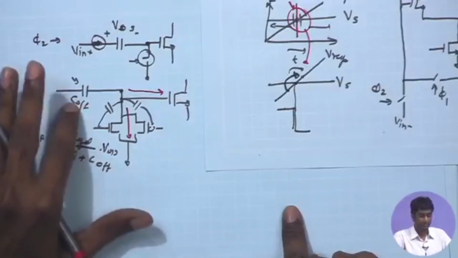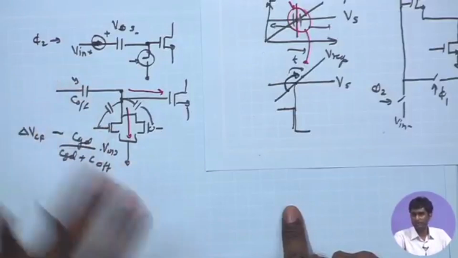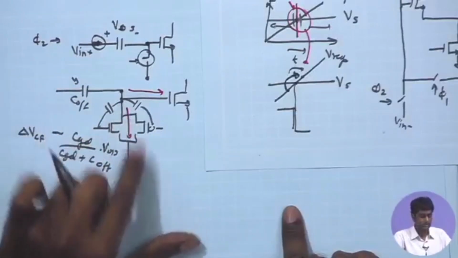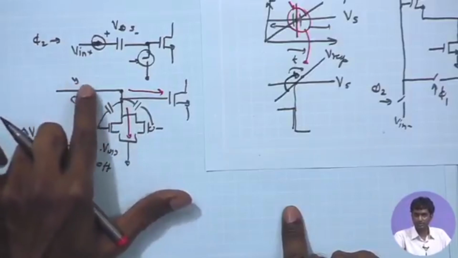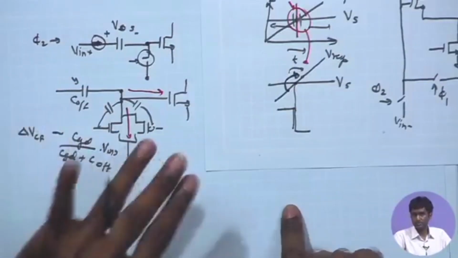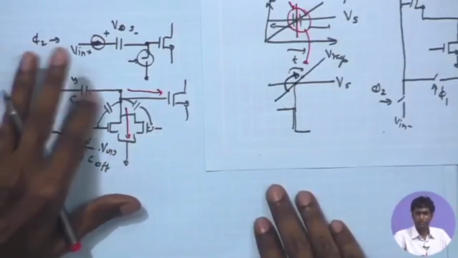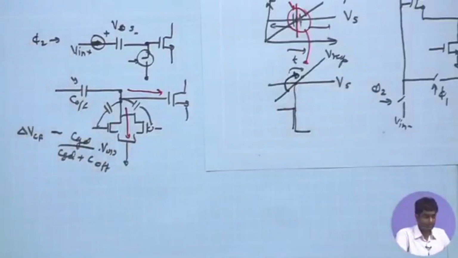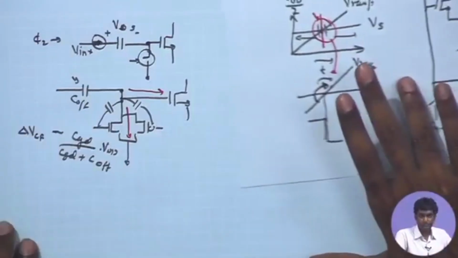So, assume that we are going to require around a picofarad of capacitor just to make sure that leakage is not disturbing this stored voltage, and we are able to preserve this for the entire duration of the processing.